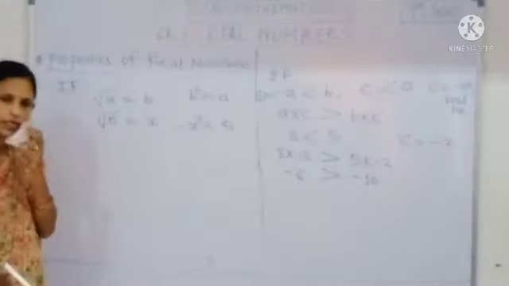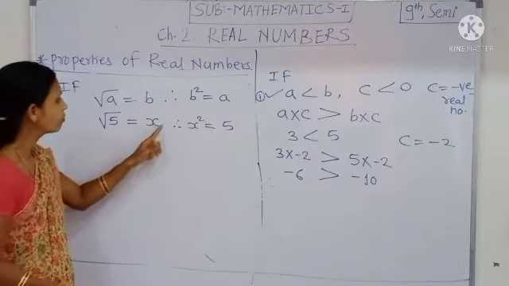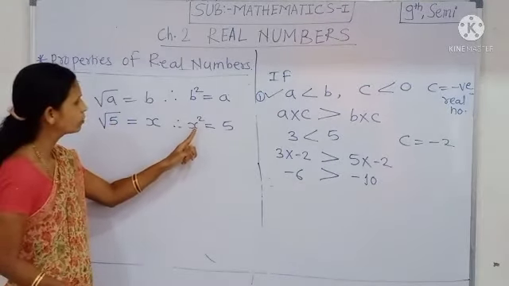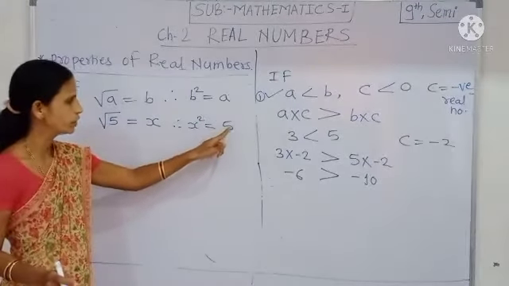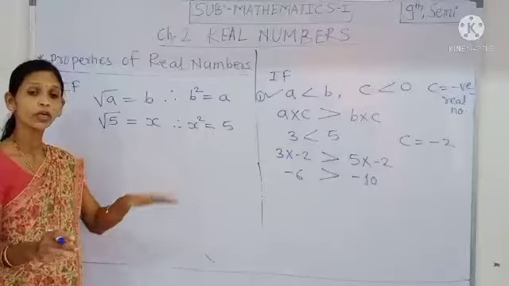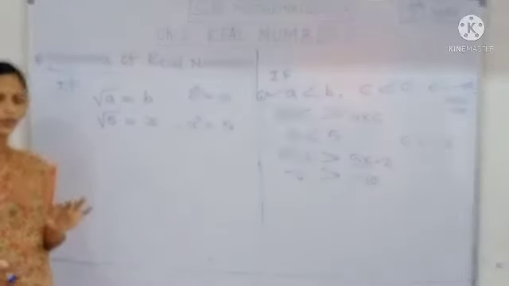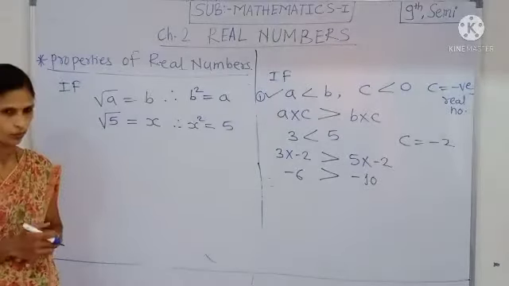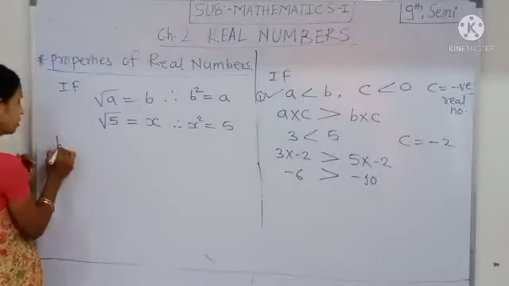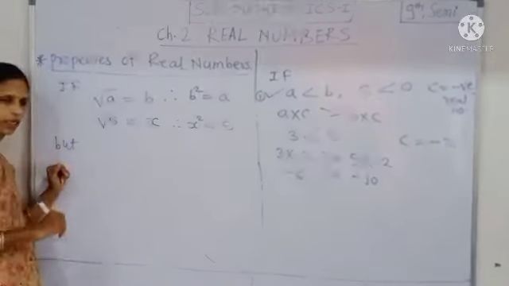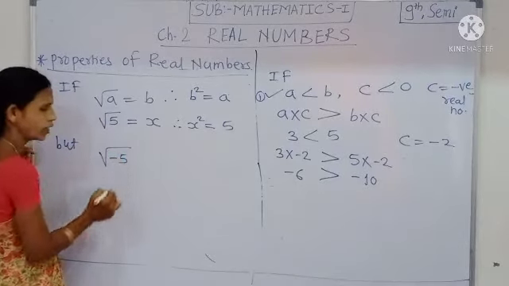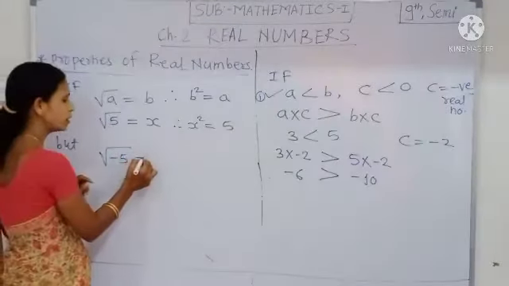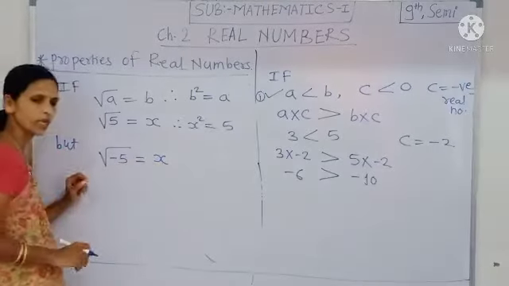That means see here, the square of any real number is always positive. See here, square of any real number is always positive, it never is negative. But see here one example I am taking here, instead of 5, square root of minus 5, let it be x.